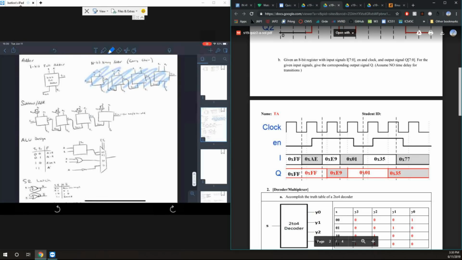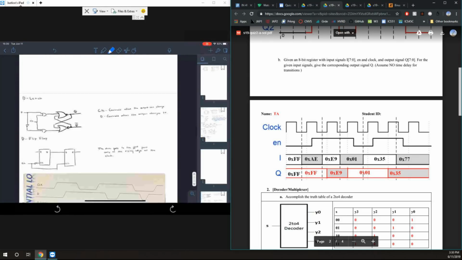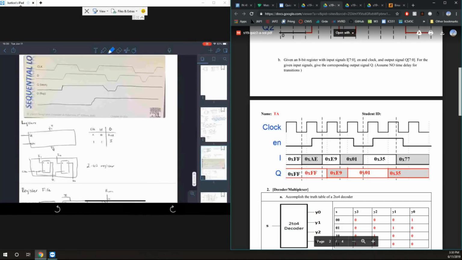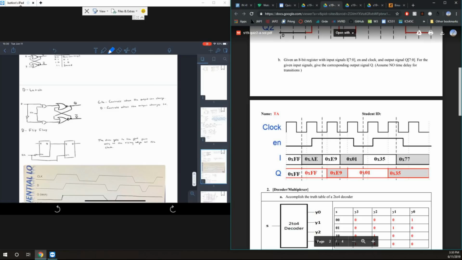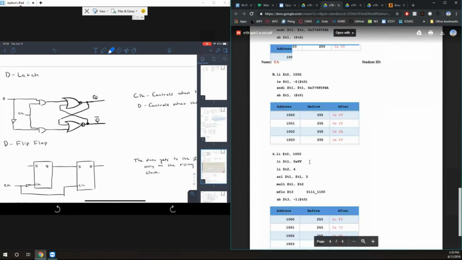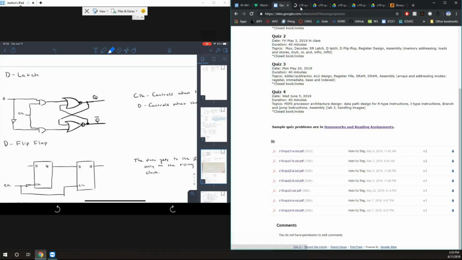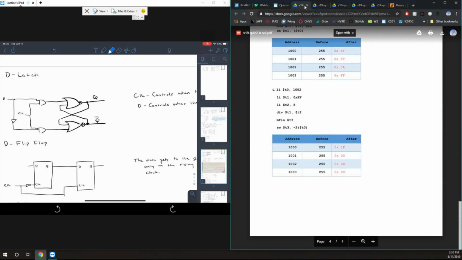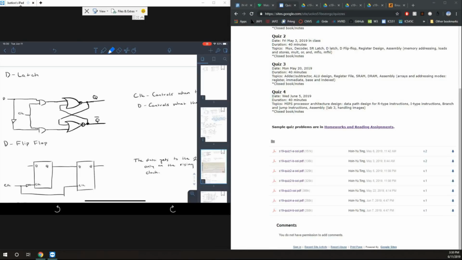How do you draw a D latch? Well, hold up, let me get rid of this page. Right here, this is how you draw a D latch. And then we can pull it up on the quiz too if someone said it was 2B. Then maybe it was on quiz 2. I think it was 2B of the quiz. Okay, just find the question and tell me which one it was.